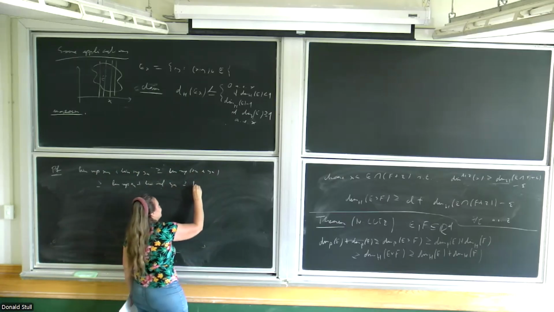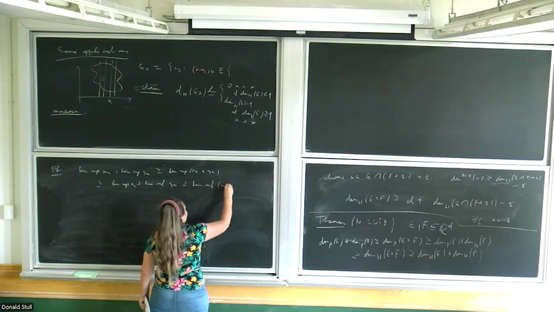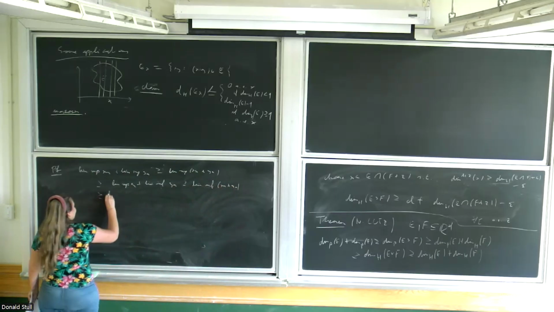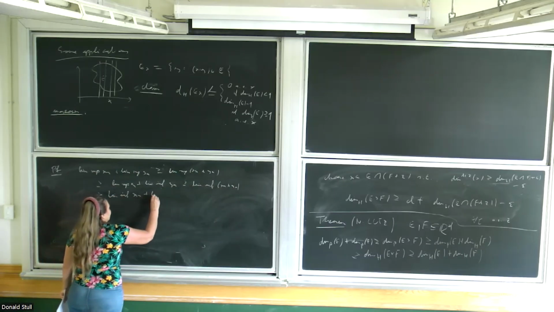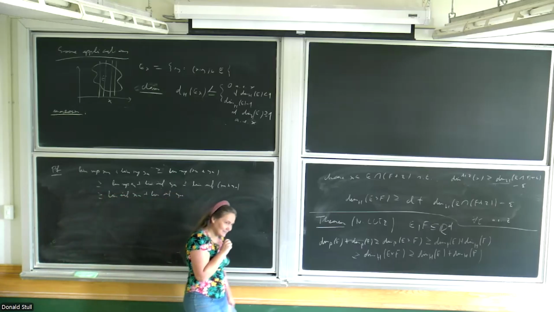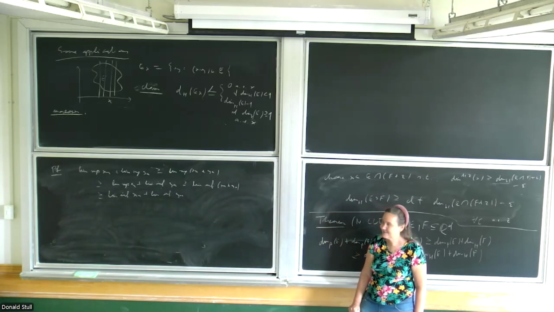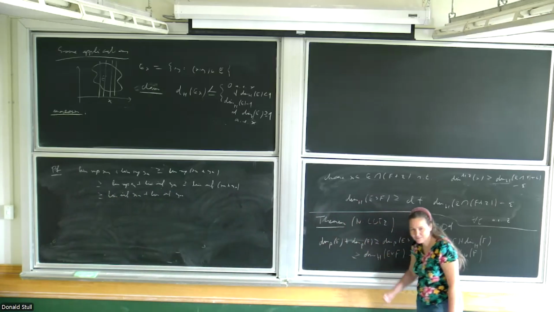It's larger than lim inf of the sum. And that's larger than the sum of the lim infs. And that's something that you probably knew when you were a baby, and if you knew this when you were a baby, then you also knew this.